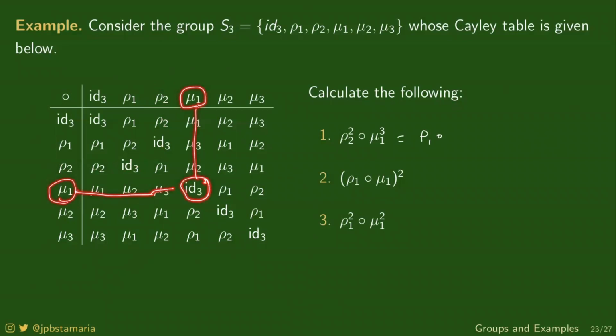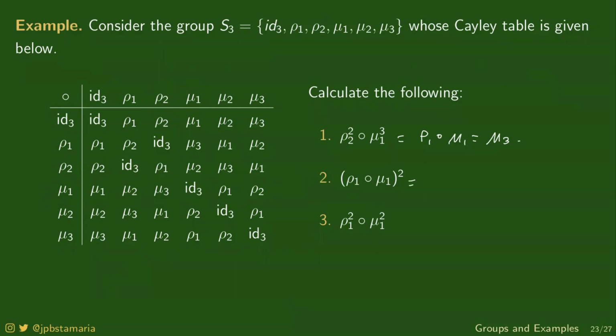If ID gets multiplied to mu1 one more time, of course, the answer is mu1. Okay? What's rho 1 times mu1? The answer is mu3. Okay? Did you understand? Hindi naman mahirap to no?